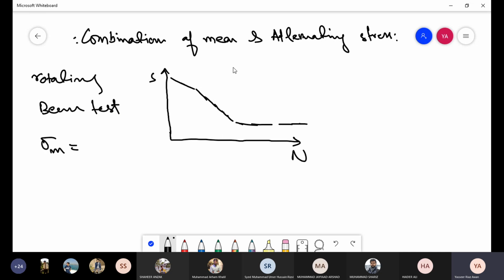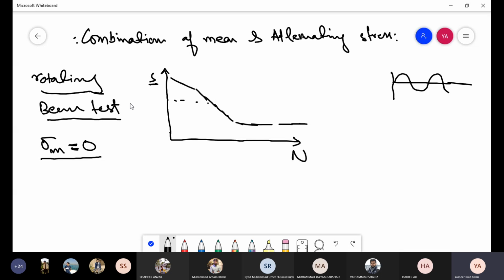So what was the mean stress when we are performing the rotating beam test? बिल्कुल, mean stress was 0, ठीक है। Obviously we were lying on a pattern like this, ठीक है। And this value of S, the stress value that we called sigma reversible, basically was the value of sigma A, ठीक है। So these values are values of sigma A, the alternating component of stress.